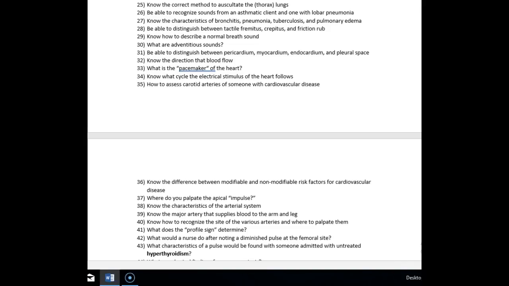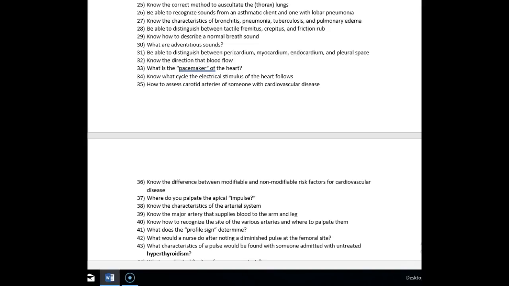Okay, know how to assess carotid arteries. Most of us in our lab have talked about that. For someone with suspected heart disease, you should auscultate each carotid artery for the presence of a bruit. You won't auscultate them at the same time. The nurse should avoid compressing the artery, because if you compress the artery, you might create a false bruit sound.